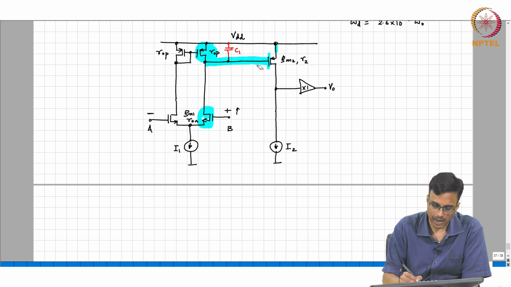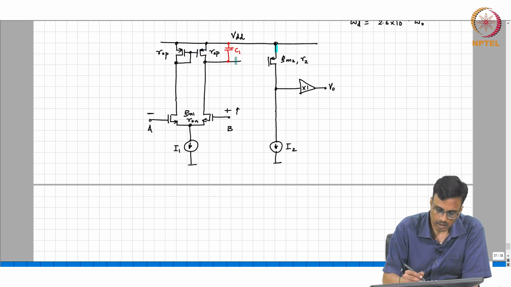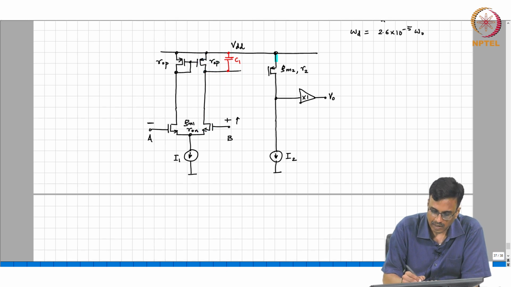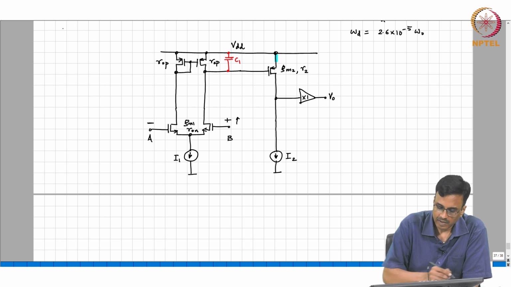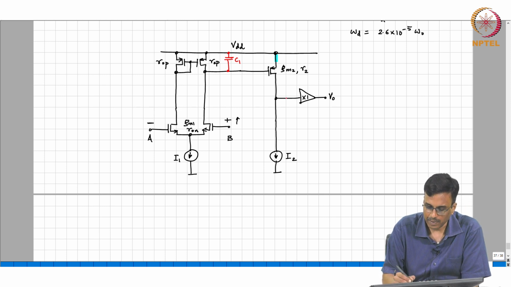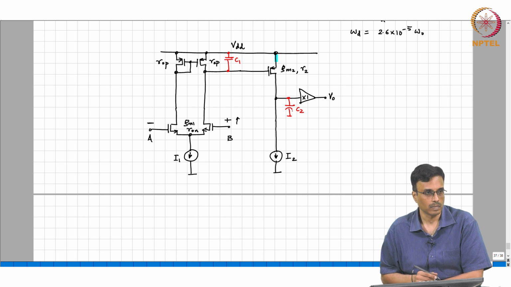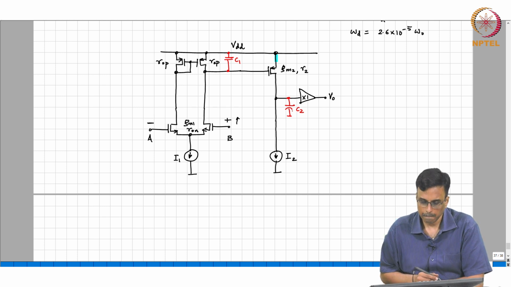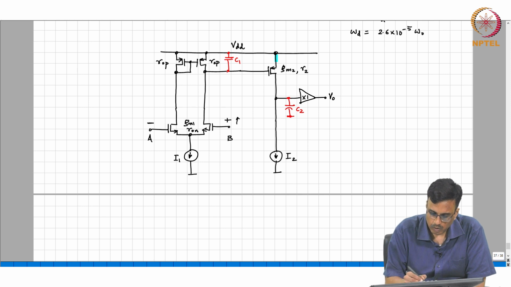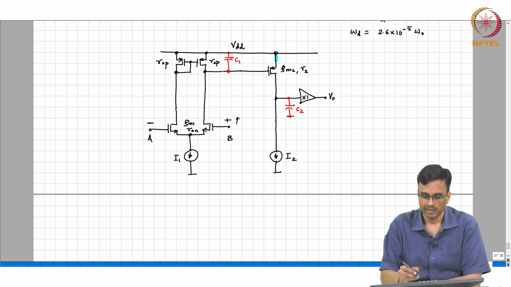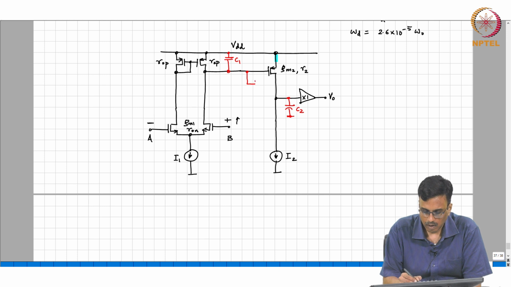Okay, all of them are in parallel, so we can basically club every one of them together, and so that is C1. Similarly, C2 is the input capacitance of the next stage and all that stuff. So, that is basically C2. Okay, and there is going to be some small capacitor here, which I will call C mu.